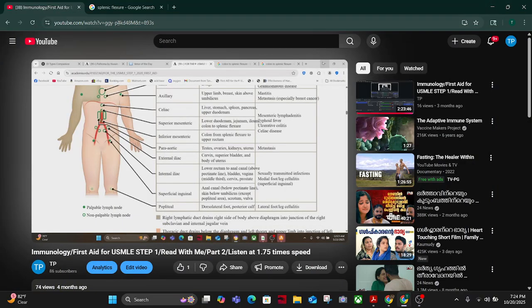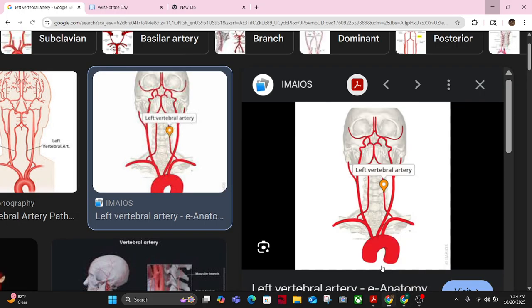So basically, subclavian steal syndrome is when there is a block in the subclavian artery before it branches into the vertebral artery.